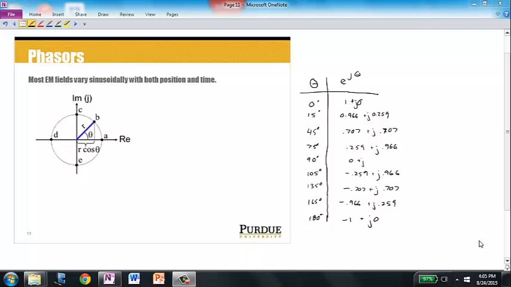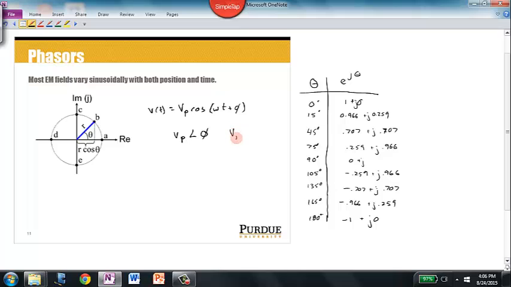Hopefully from your previous classes you're familiar with the concept of phasors. What we've shown you in the past is the phasor technique, where we write a sinusoidal voltage, V peak cosine of omega t plus phi, and we write the phasor version of that as V peak at angle phi.